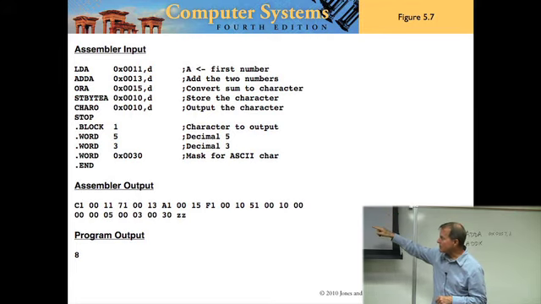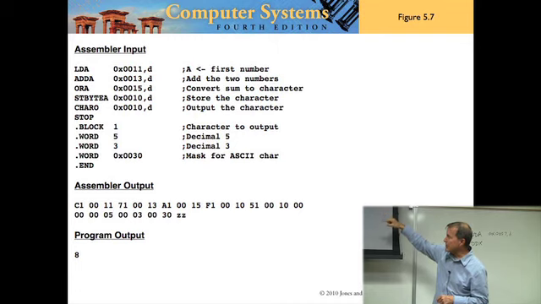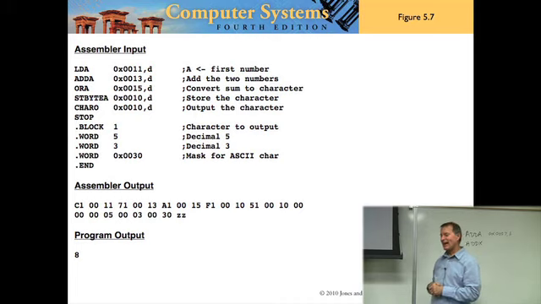And what's that 0011? If you count it out, it's going to be the 5, right? And then add. What's that 13? That's going to be where the 3 is, okay. And then, why am I converting the sum to a character? Just so that it will be the exact same thing.